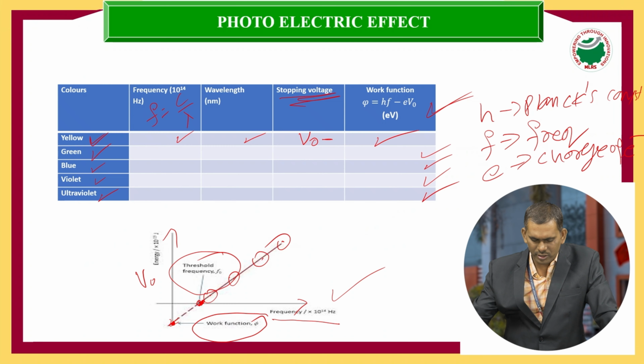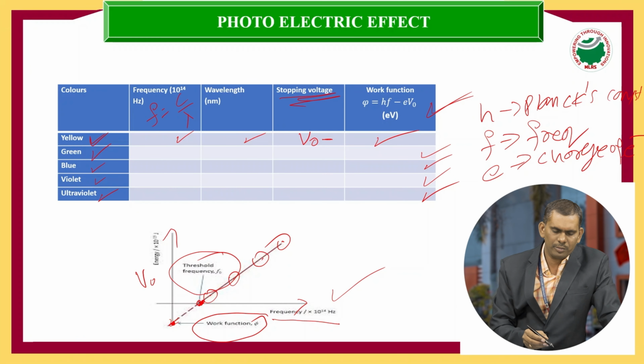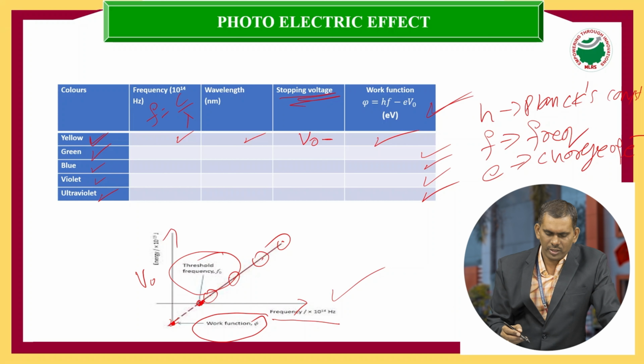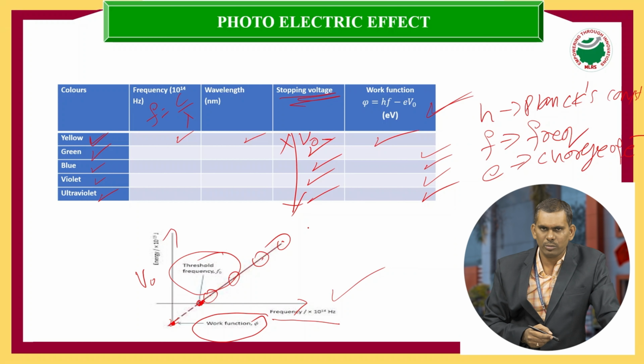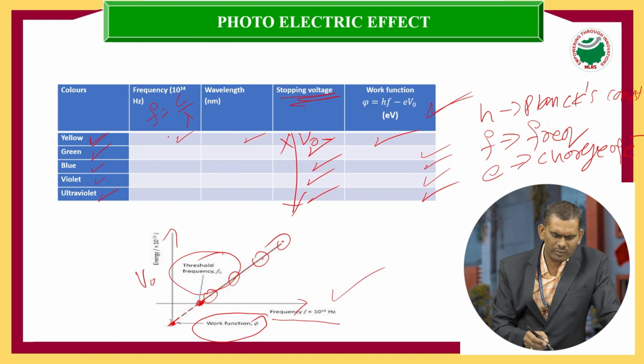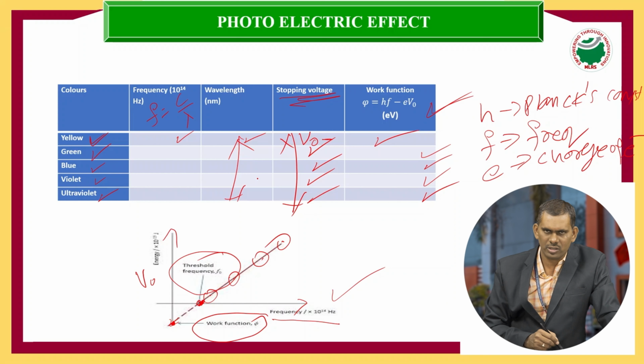After placing the color filters, we can find out the stopping potential values. Different stopping potential values you can get for yellow color, green color, blue color, violet, ultraviolet. So for different colors, you can get the stopping potential values, frequency and wavelength. The standard wavelength values you can mention here.